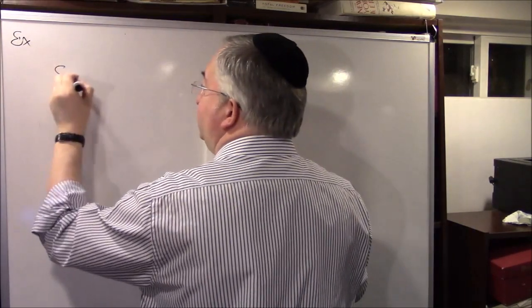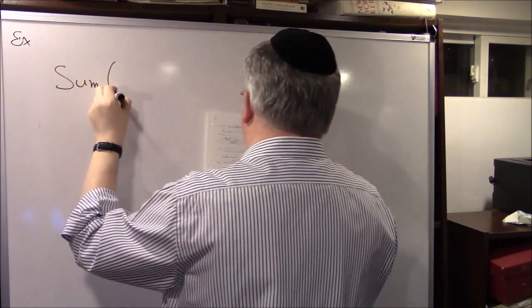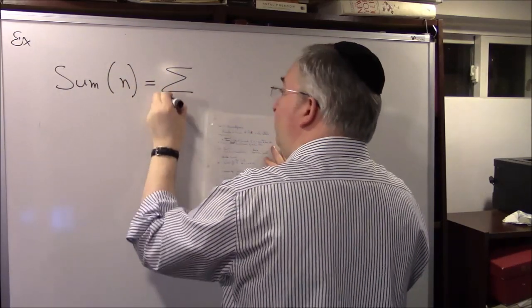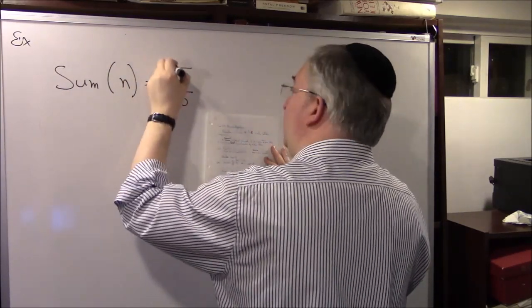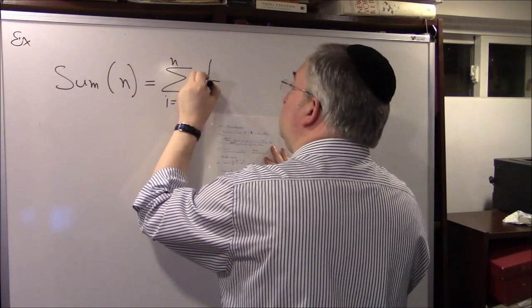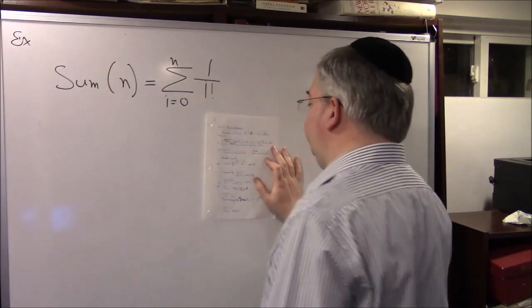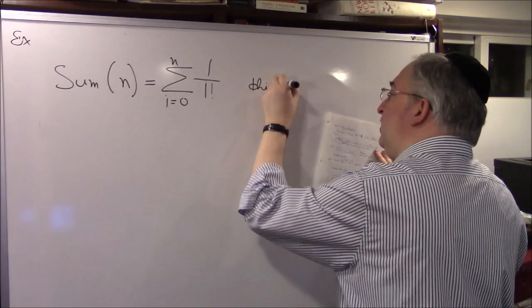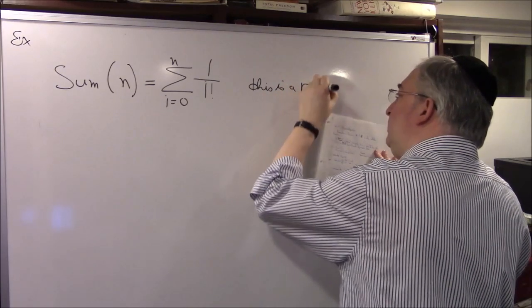Consider the following. Sum of n is equal to the sum of i equals 0 to n of 1 over i factorial. Okay, this is a regular definition.